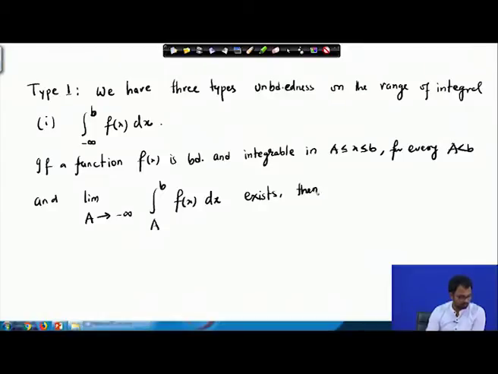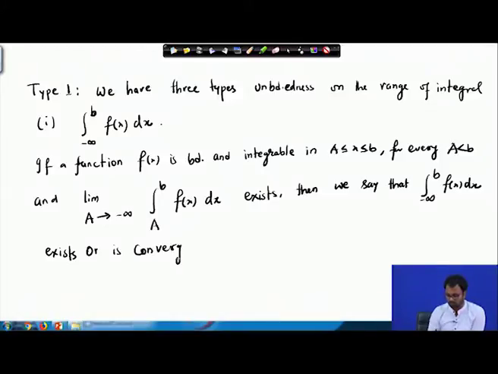then we say that the integral from minus infinity to b f(x) dx exists or is convergent.